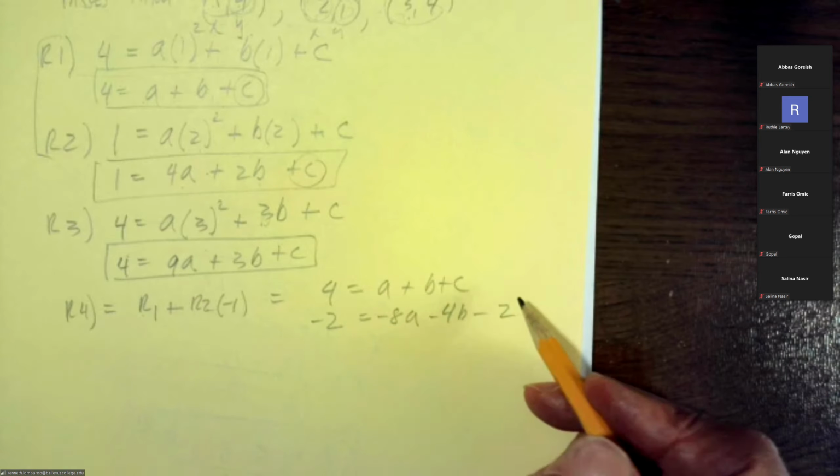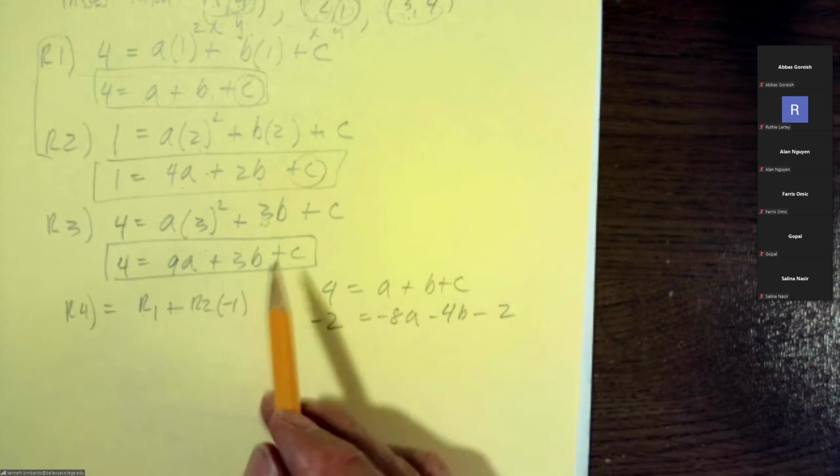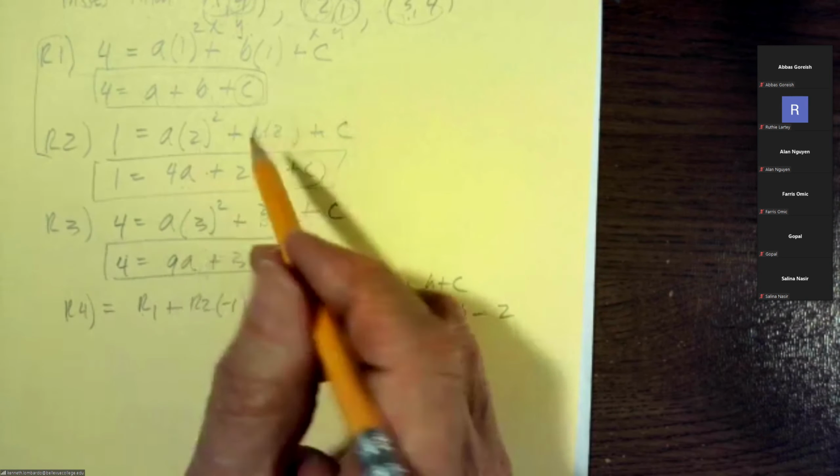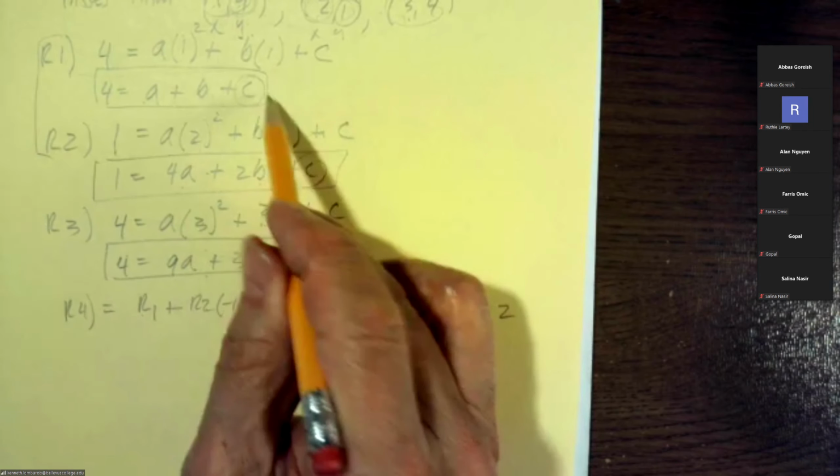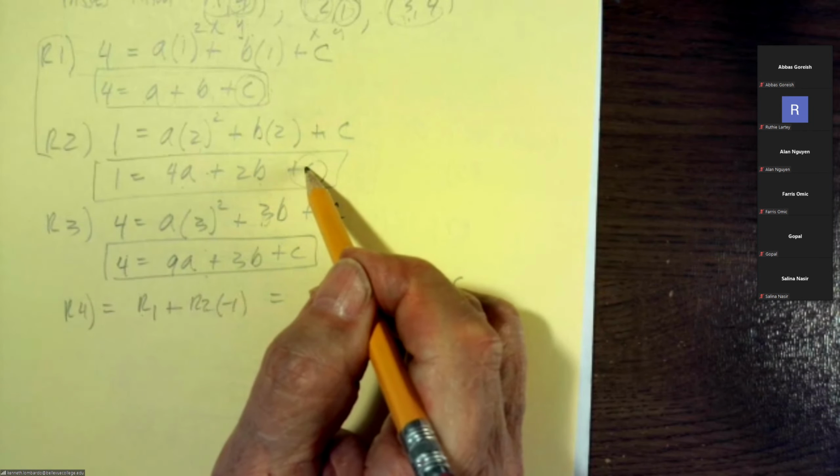So let me get my terms right here. What we want to do is eliminate C by combining those. Go ahead, Mr. Lombardo.